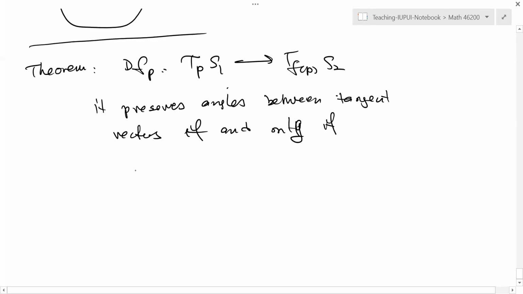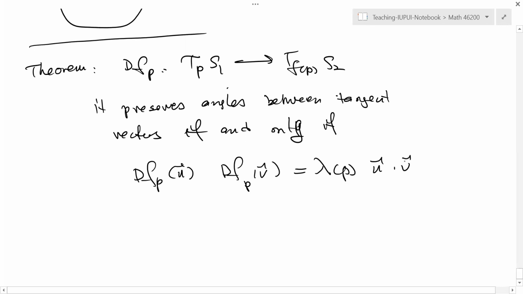if and only if the inner product is proportional to some number, for any u and v, right?